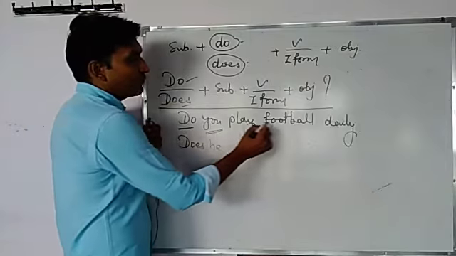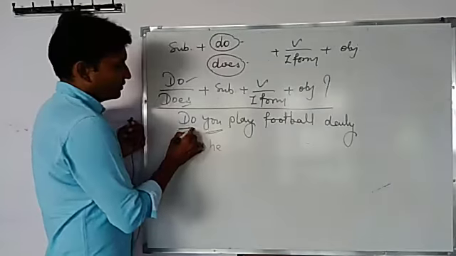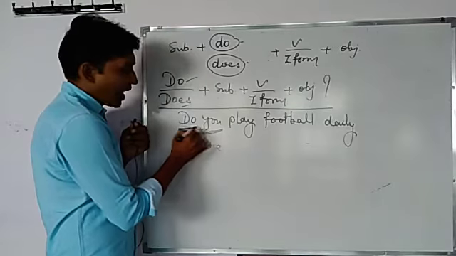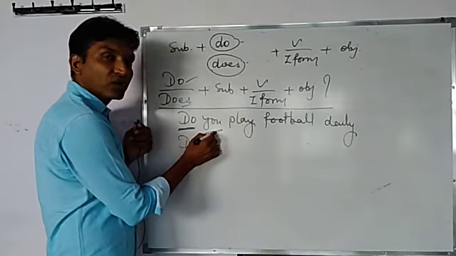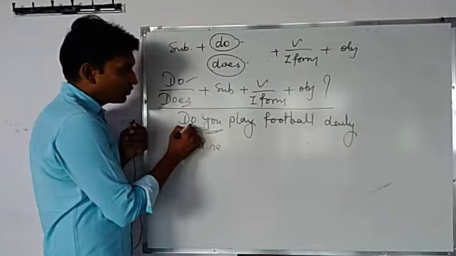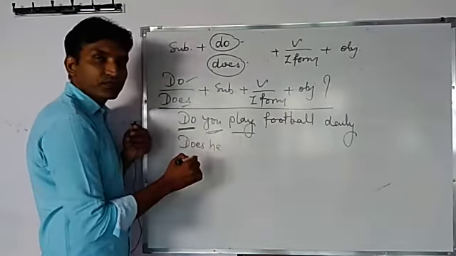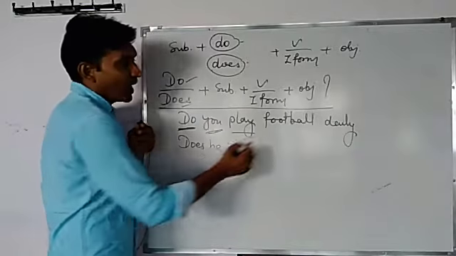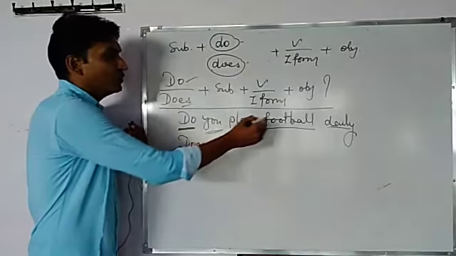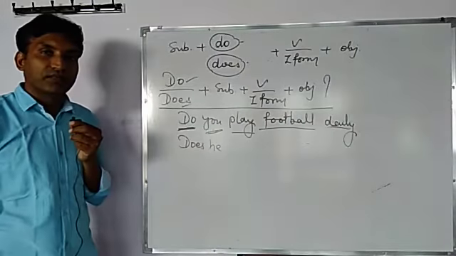Do you play football daily? Helping verb do, then the subject, and this helping verb is according to the number of the subject, and the subject is plural. So we place do here. So do you, then the main verb, first form of the main verb, and then the object and adverb. So do you play football daily?